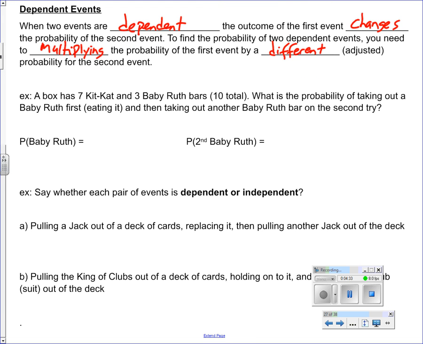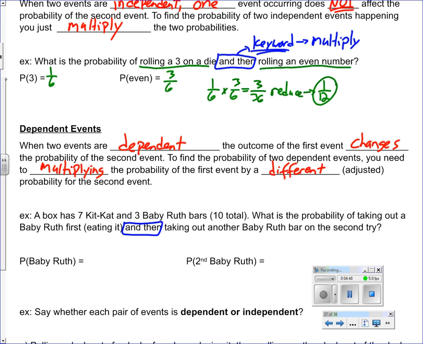So these two events are dependent. And again, we see our keyword "and then." And just like with the example above, "and then" means we're going to be multiplying.